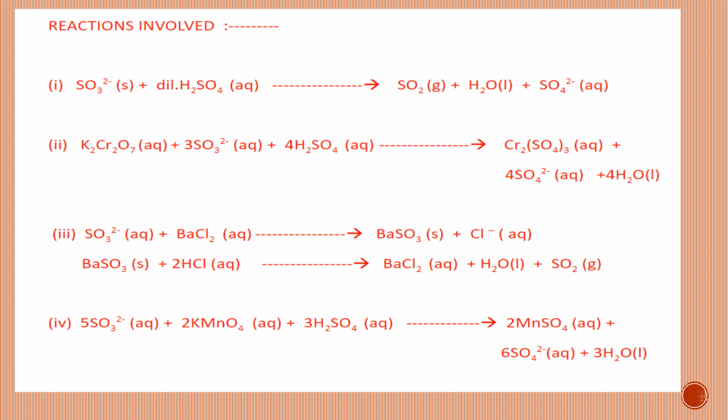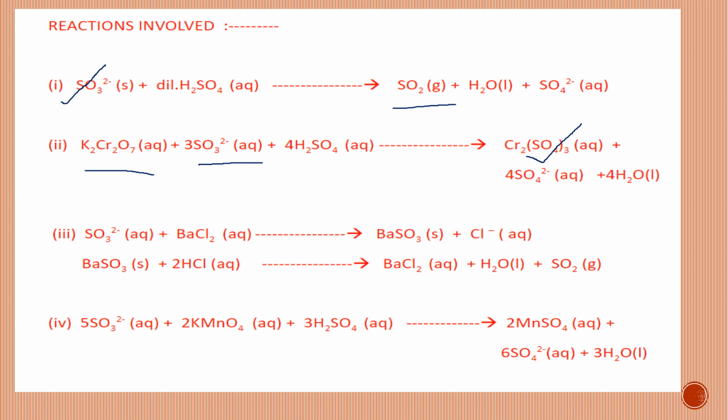Reactions involved. First is preliminary test. Sulfite with dilute sulfuric acid produces sulfur dioxide, which has the smell of burning sulfur. It shows there may be sulfite. Then the first confirmatory test, orange colored potassium dichromate solution, when it reacts with the sulfite salt's aqueous solution in acidic medium, produces a green colored solution, which confirms there is sulfite.